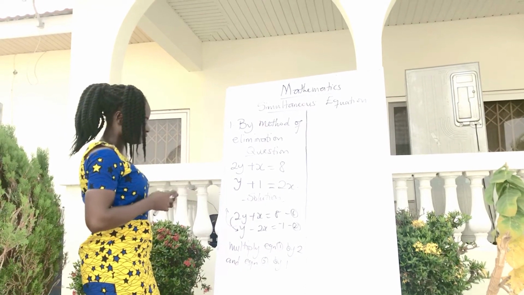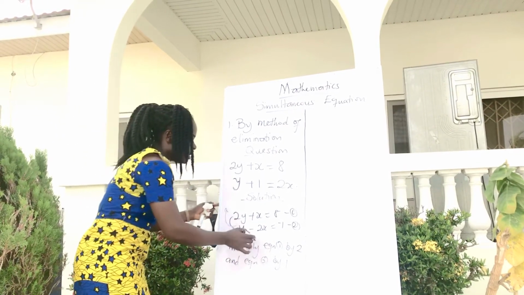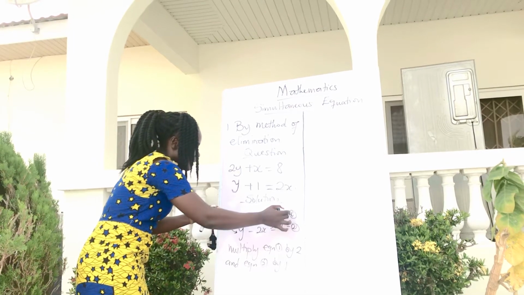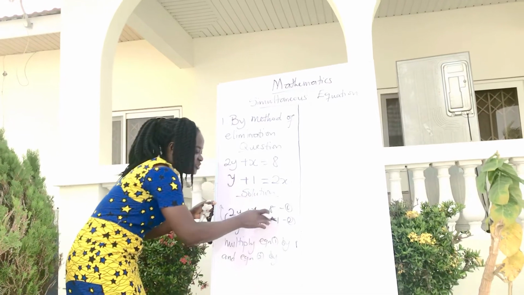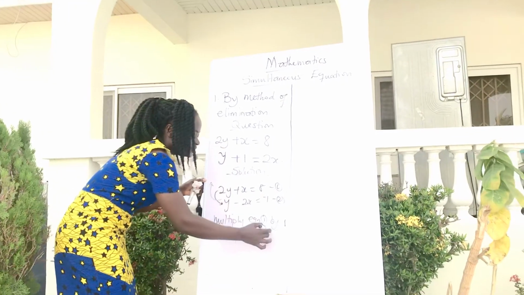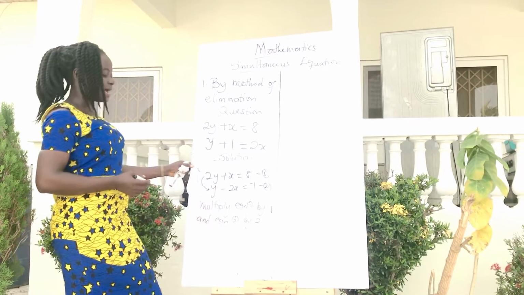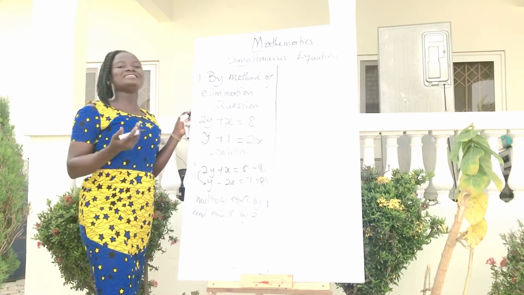Good. So we multiply equation 1 by 1. That is excellent. And equation 2 by 2. Any number times 1 is the same number.